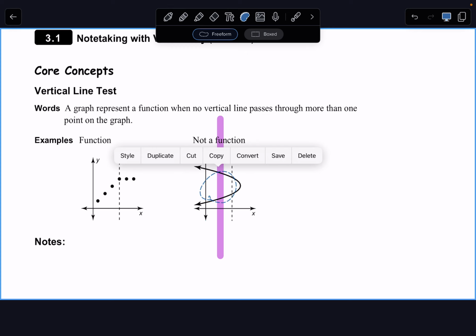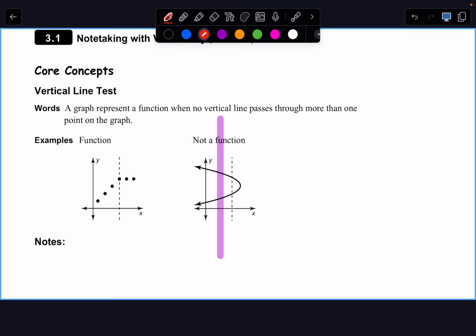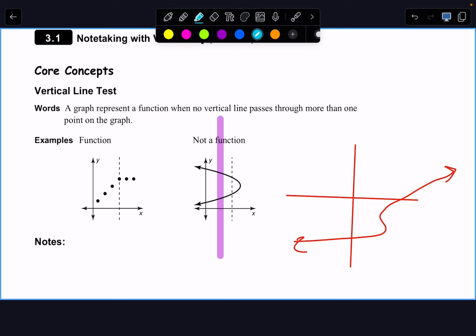So like if I had a graph that looked like this. Okay. It's kind of a weird one, sorry. I know that right here we pass the vertical line test, right? If my vertical line is this blue one, we pass the vertical line test here. We pass it here, we pass it here. But what happens when I get to here?